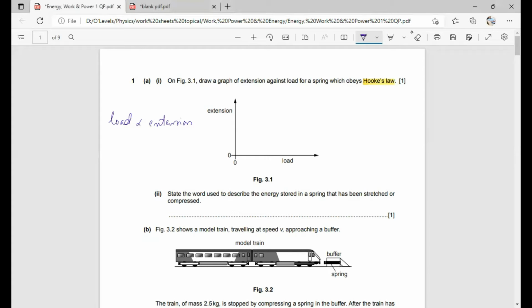Once we increase the load, definitely extension will also be increased. So the graph is actually a straight line through the origin, because this is directly proportional, according to Hooke's law.